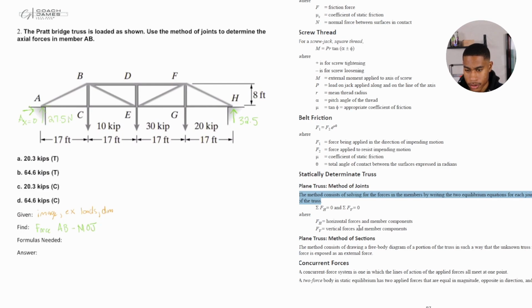And the sum of the vertical forces components is equal to 0. All right. So basically, you need some prior knowledge on this too, because what does it look like? All right. So we want to find the force AB. So that means we're going to use method of joints to do that.